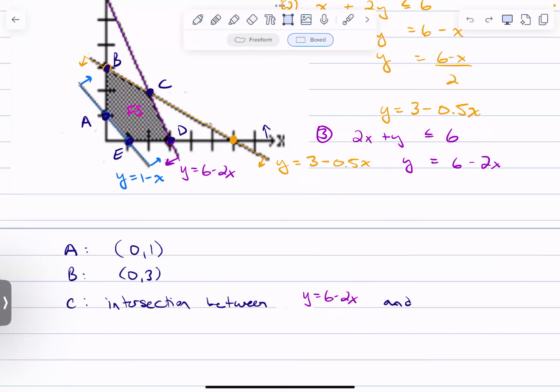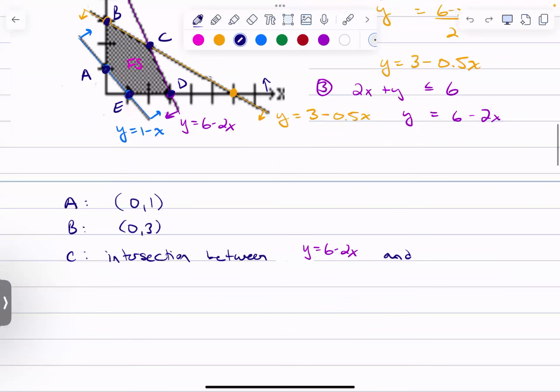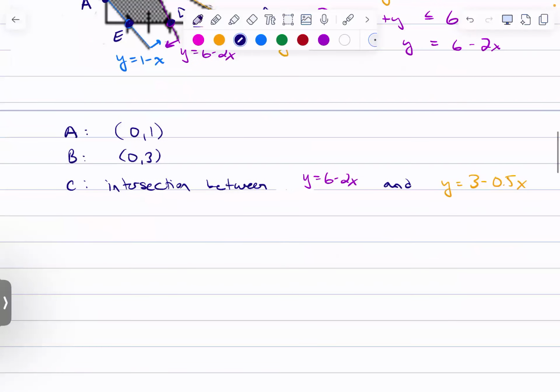I'll just write it out. Y equals 3 minus 0.5 times x. We need to find that intersection. Gonna set these two equal to each other.